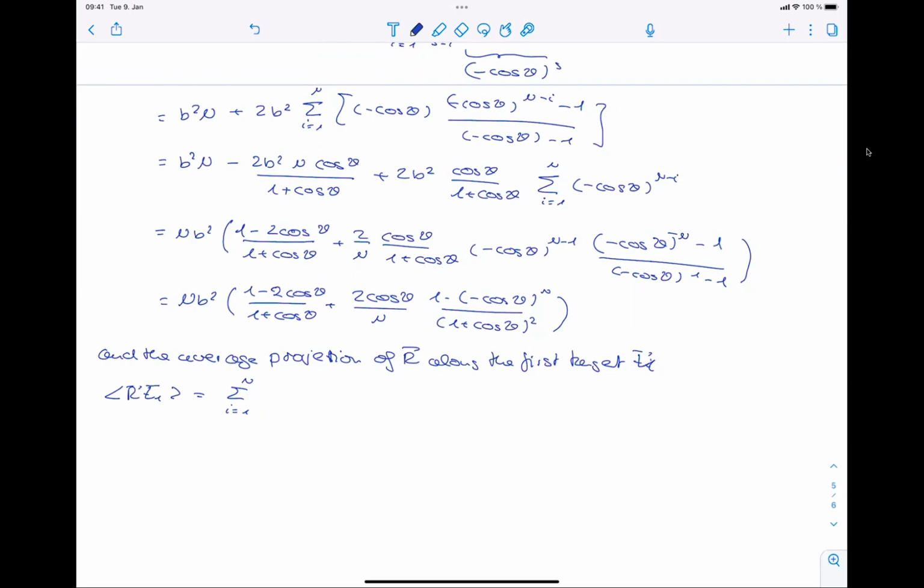And so for now, let's just look at Ti projected on T1.